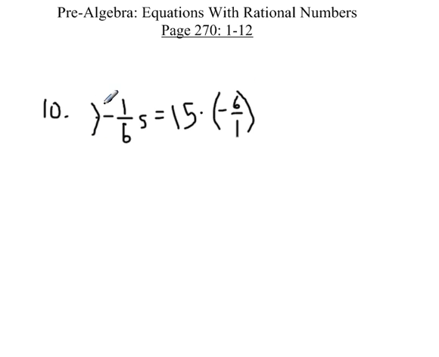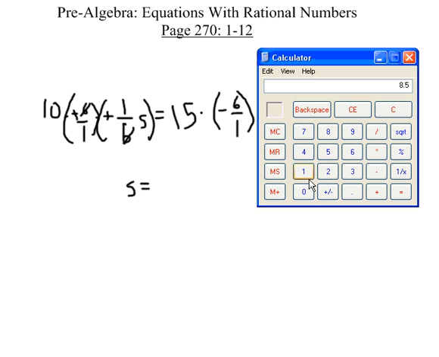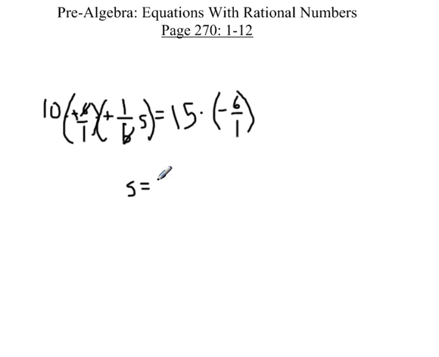So I'm going to show that as parentheses to make that negative 6 over 1. When you multiply by a reciprocal, you've got 6 divided by 6, and you've got a negative times a negative, so you end up with just s. Now here you have 15 times negative 6. So 15 times 6 equals 90. And remember, that's going to be a negative 90 since that was a negative number. And so there's number 10.